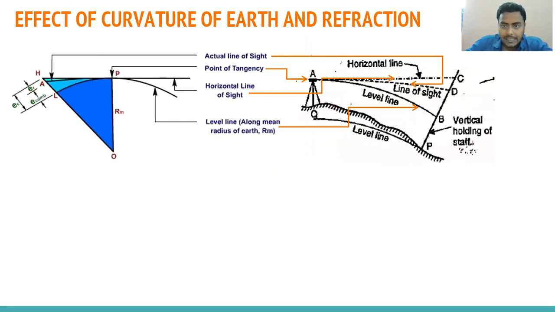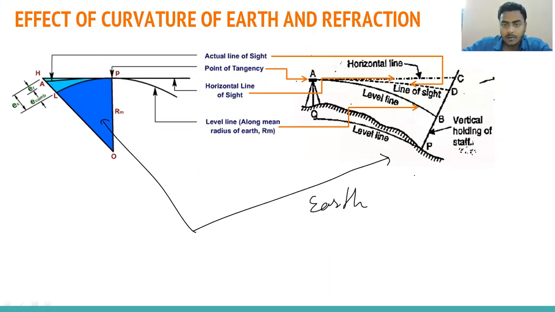So, in the figure, you can see this is Earth, okay, and at Q station we kept the leveling instrument, and at P we kept the leveling staff, right?